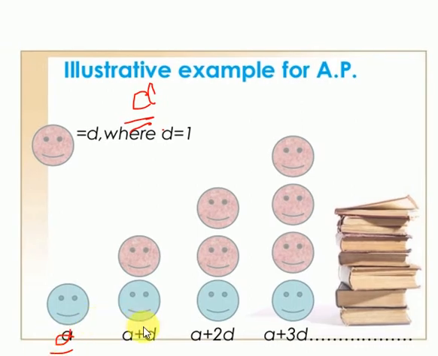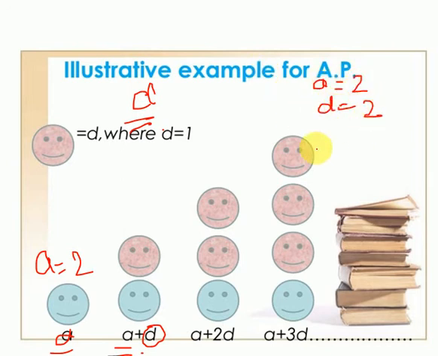Okay, now the second term will be obtained when I add d to the first term. Like my a is 2 and the common difference is 2. Let me write here, a is equal to 2, d is equal to 2. So the first term is 2. Now I have to find the second term.